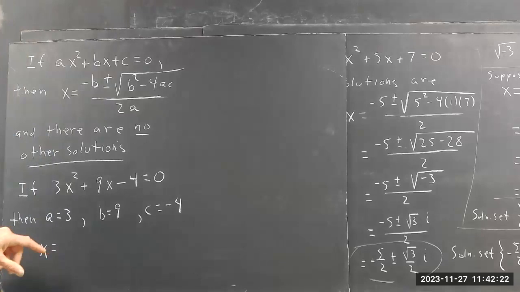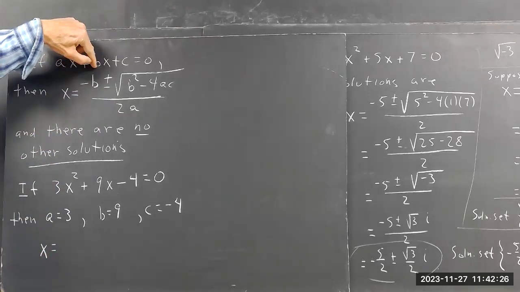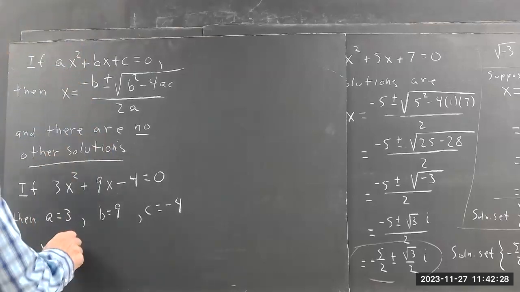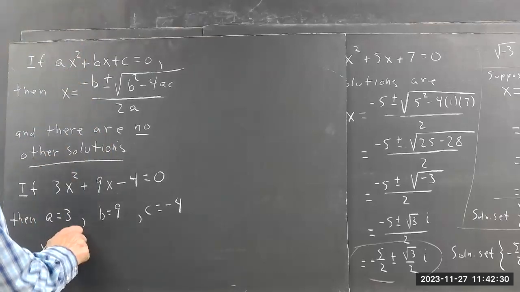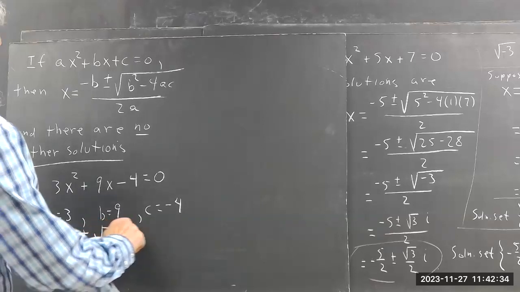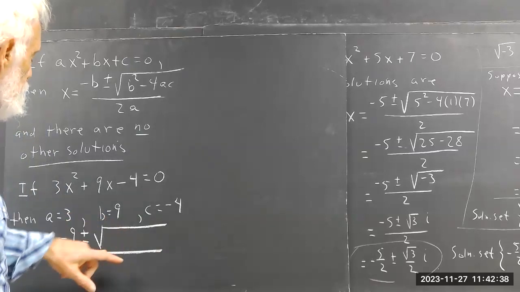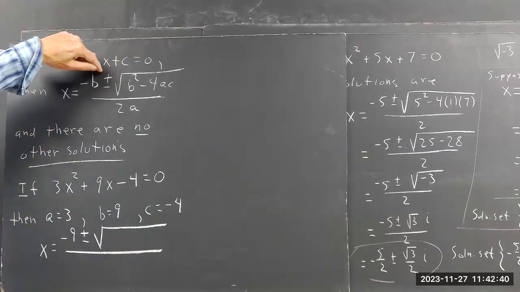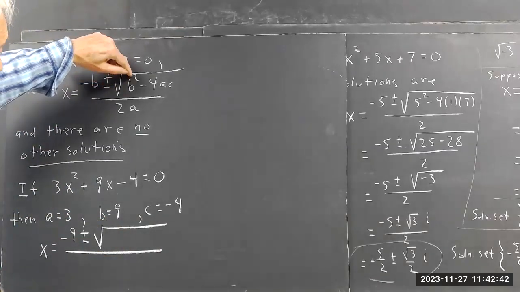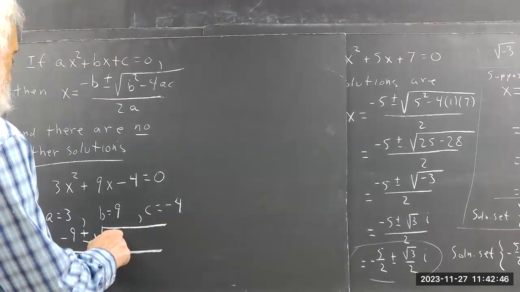X is what? First of all, you have negative b. Well, b is 9. So we're going to write a negative 9. Let's write the plus or minus square root in the fraction bar. It's going to be plus or minus then b squared, which is 9 squared.